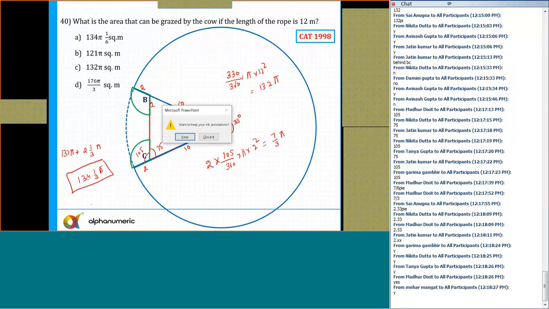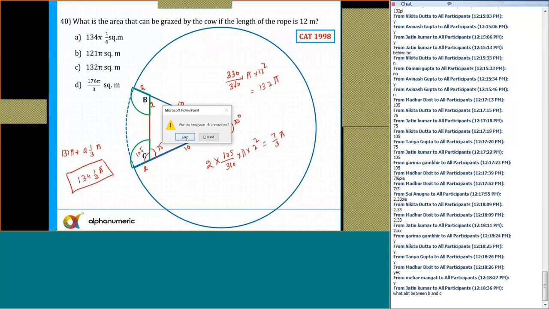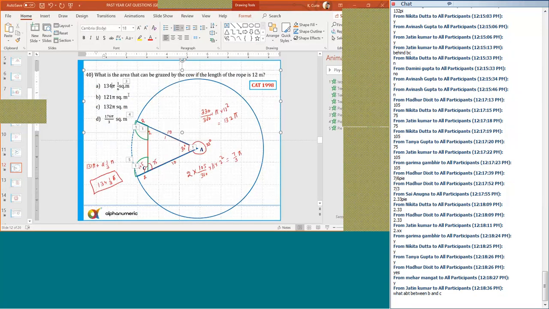So I can just change the options. I think there might be some typing error here. 134, and here I take pi.